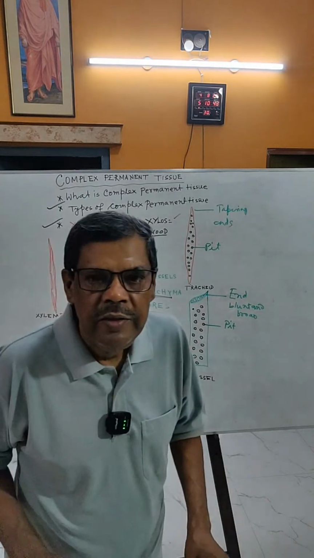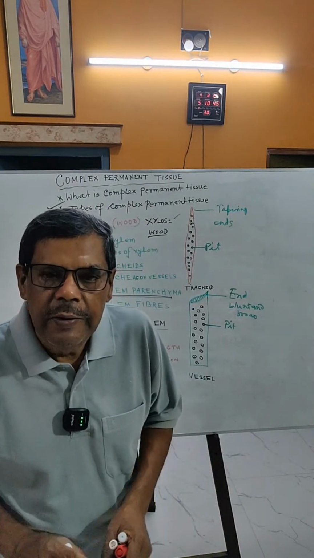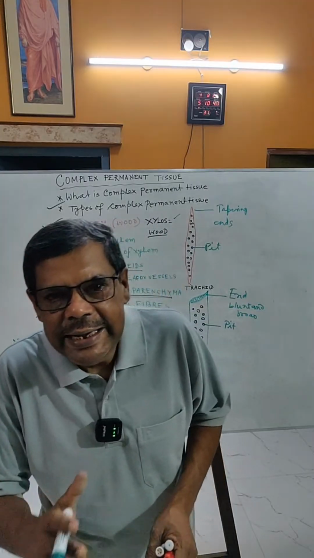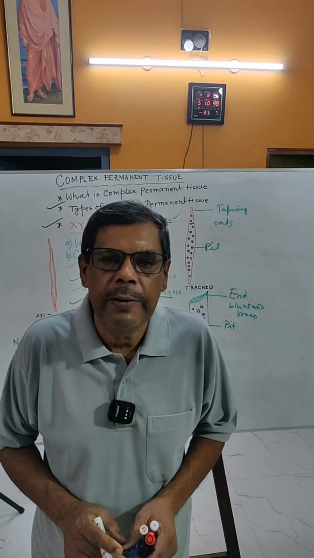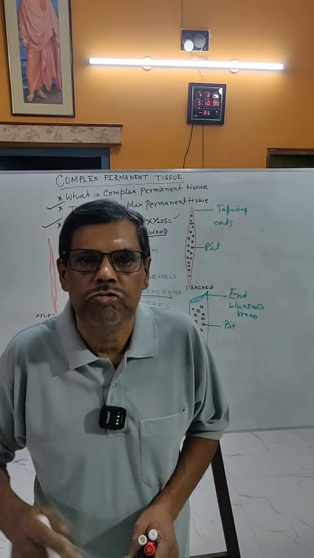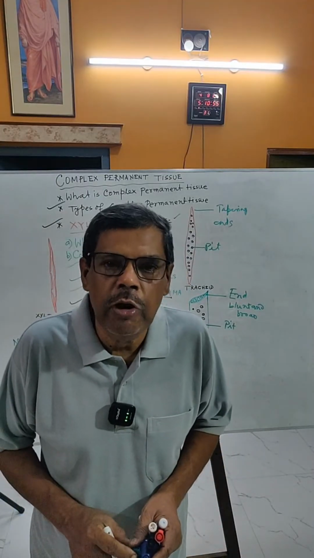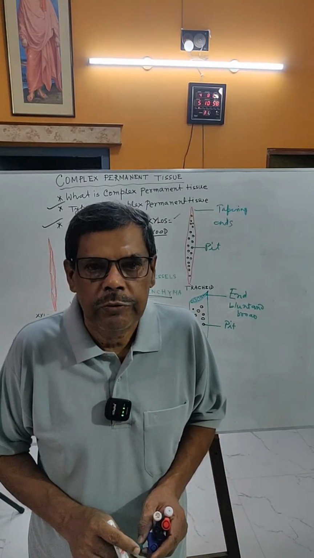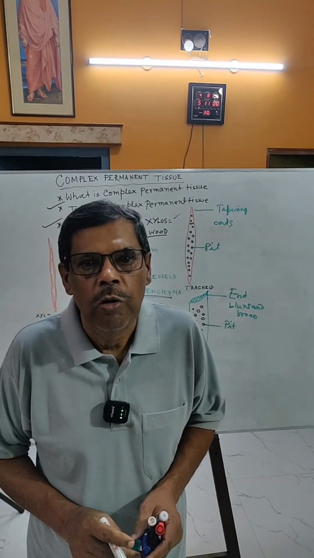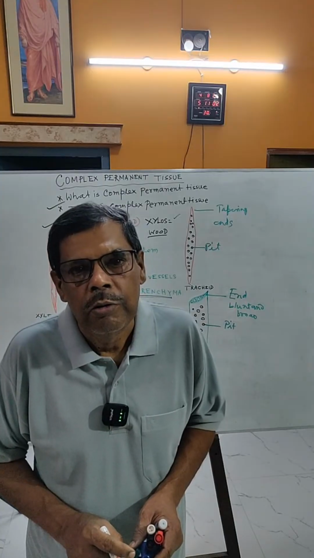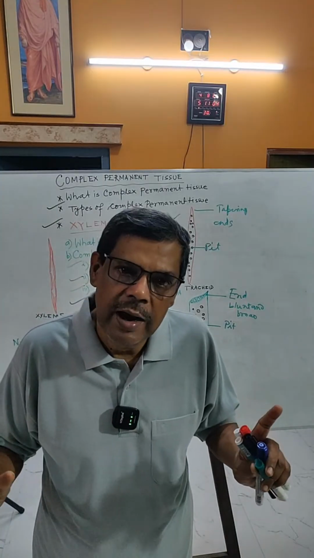They are living cells. They perform the function of lateral conduction of sap to the peripheral tissue. They also perform the function of storage of food and waste products in the plant.